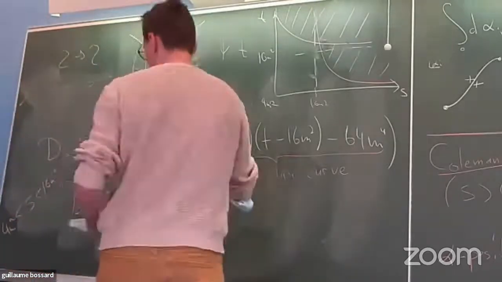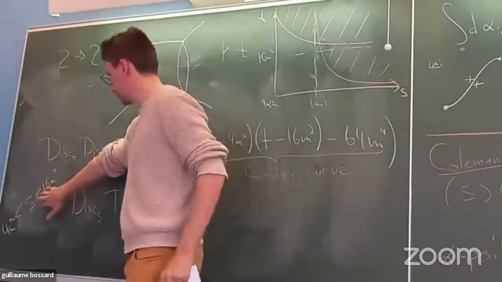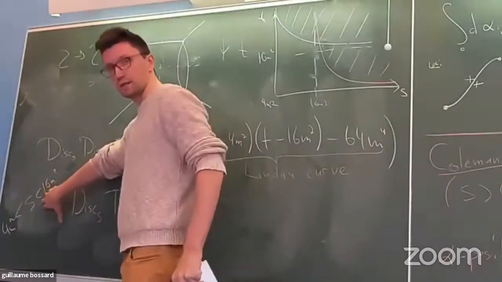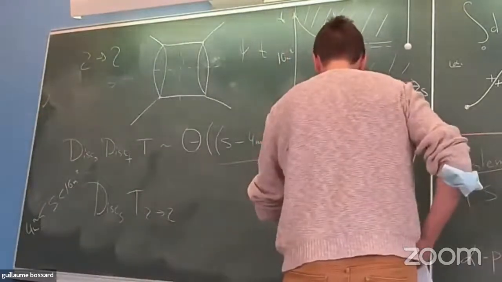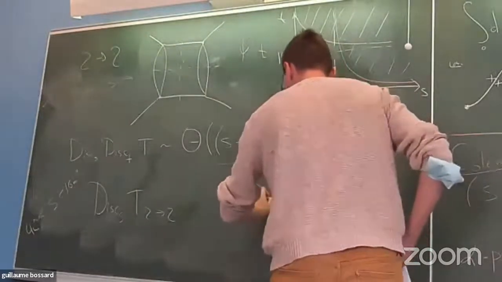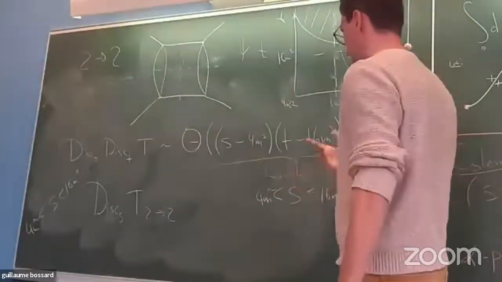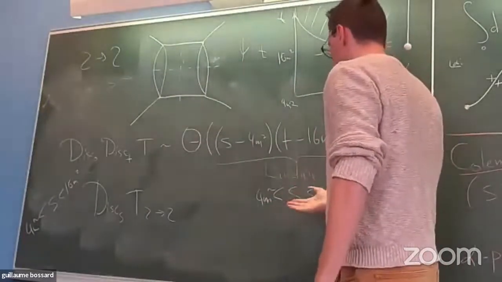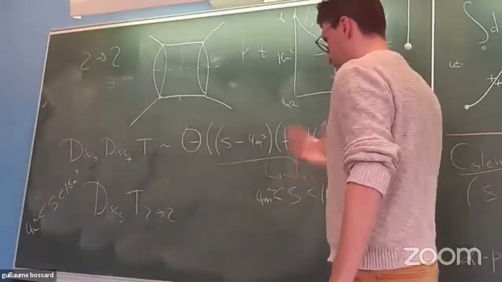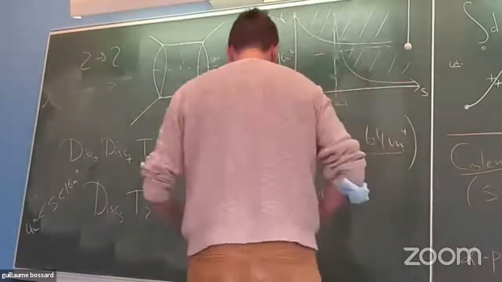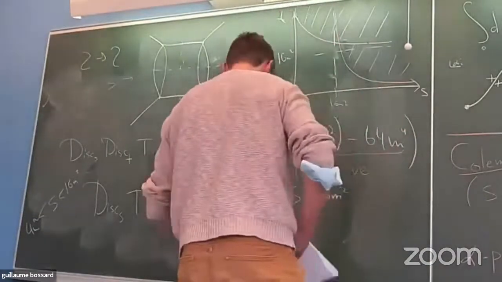In this way, when S is between 4 and 16 squared, there is not enough energy to produce more than 2 particles. I assume that by Z2 symmetry there are no 3 particles, so it's 2, 4, 6. And therefore, the non-perturbative unitarity equation truncates because we do not have enough energy, and we have this equation.